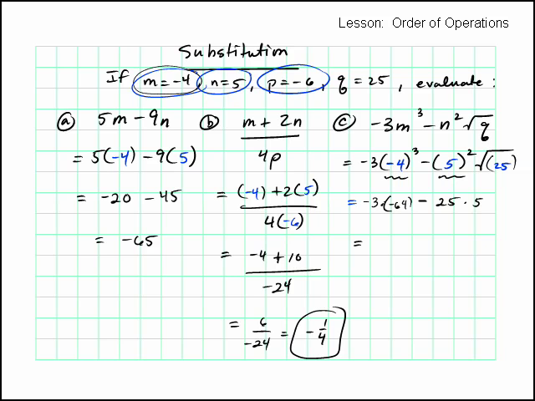Next is multiplication. Negative 3 times negative 64 is a positive 192, if I have that multiplied correctly, minus a 125. And now the subtraction, 192 minus 125 is a 67. 67, yes, that's right, 67. Okay, and that's our quick review of order of operations.